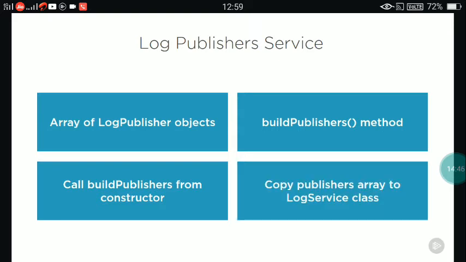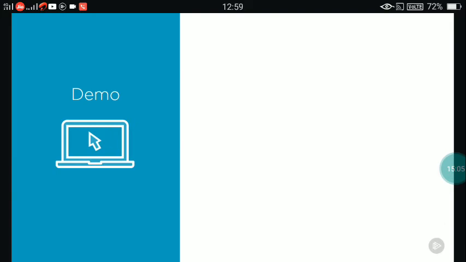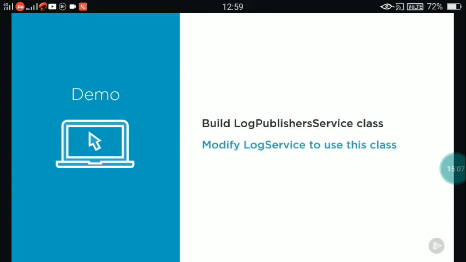It then will copy the publishers array over to the log service class, so it knows which of the publishers it should loop through and call its log method whenever we're ready to do logging. This will give us the ability to log to one or more places whenever we want to log our data. Let's take a look at building our log publishers service, and then we're going to modify the log service to use the array from this class.